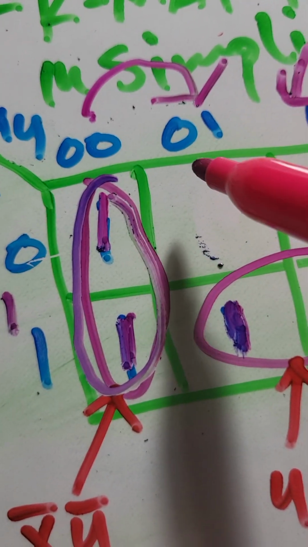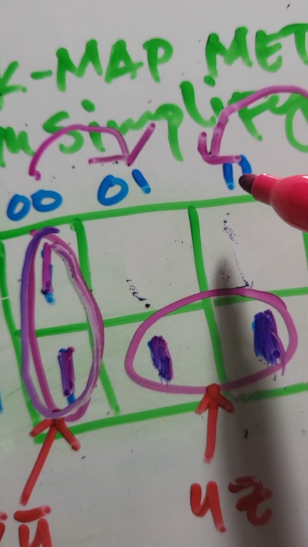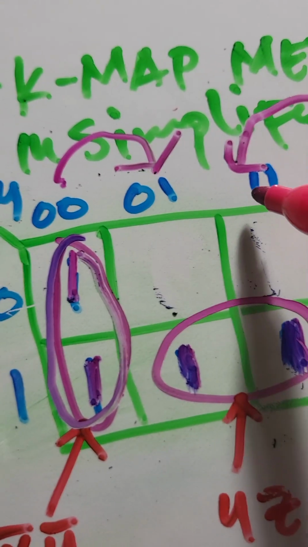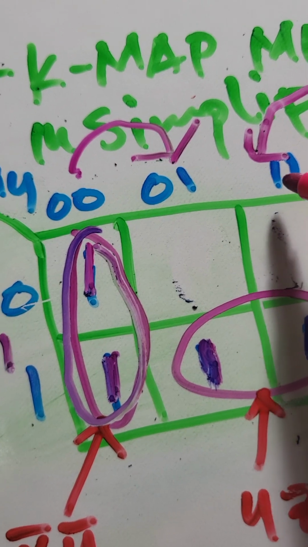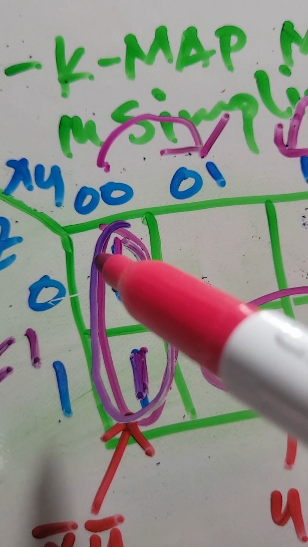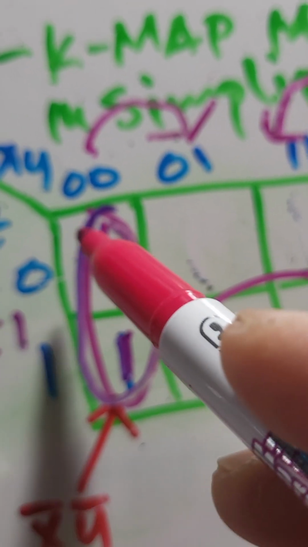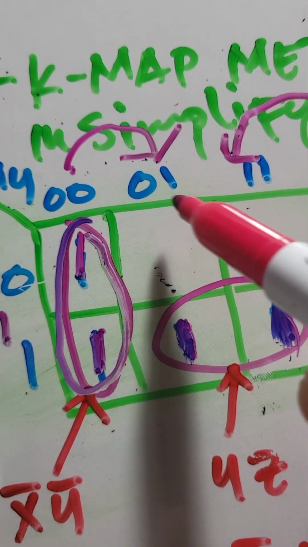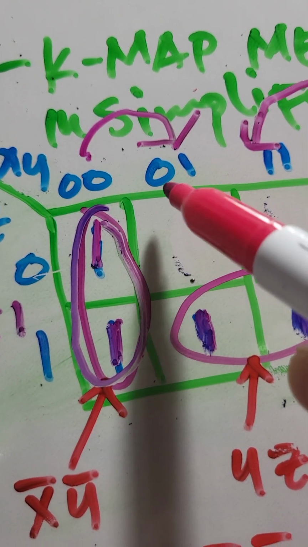xy is 0, 1, and on this quadrant here is xy 1, 1. So what is the variable that is changing here? X 0, 0, 0, 1 and 1, 1. So the variable that is changing here is the x.